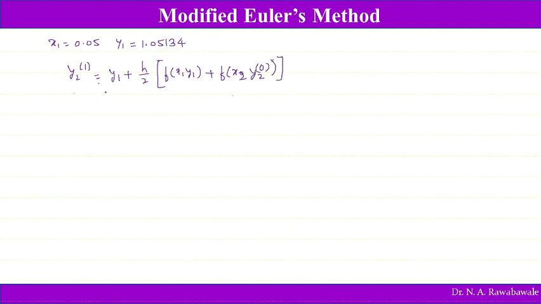Now the y1 value we know, the h value we know. Now f of x1, y1 we can find out. So f of x, y is equal to x square plus y. This is the differential equation which is given to us. Here we want to find y2 of 0.